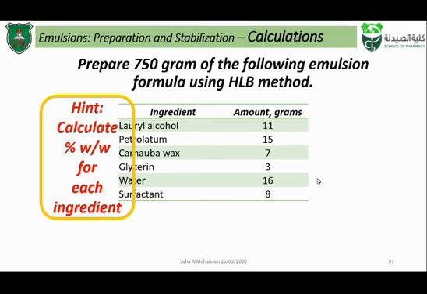This can simply be done by calculating the total amount, then dividing each ingredient amount by the total amount times 100%. This will lead to the calculation of percent weight per weight.